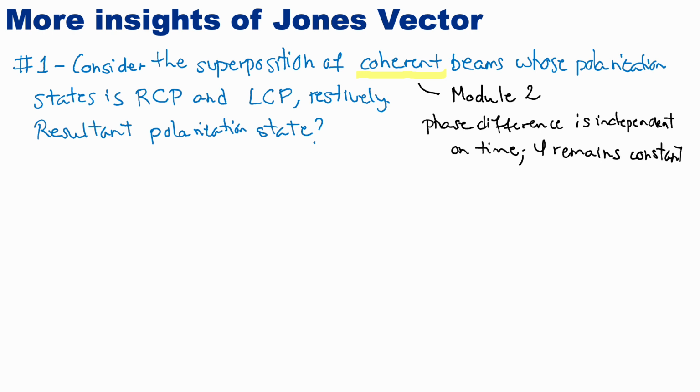The other thing means that our beams need to be monochromatic. Otherwise, we cannot do it.